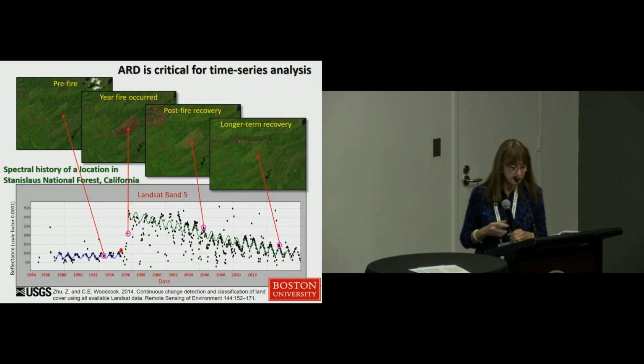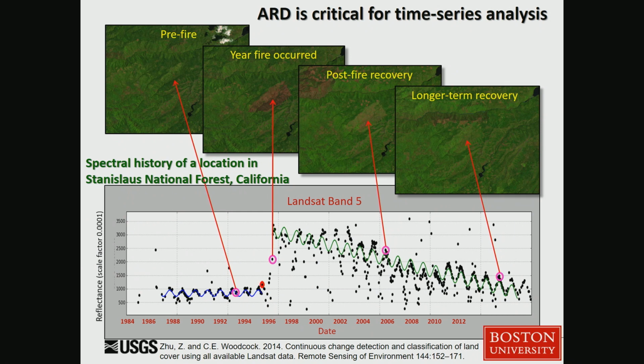ARD is critical for the time series analyses that we find valuable. I'm a forest ecologist, and this is just an example of how you can look at one pixel through time and how fire and disturbance change the reflectance, and then you can watch through time how that forest recovered. This is enabled through the time series analysis that Landsat brings to us.